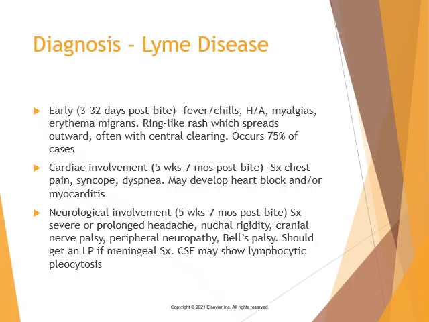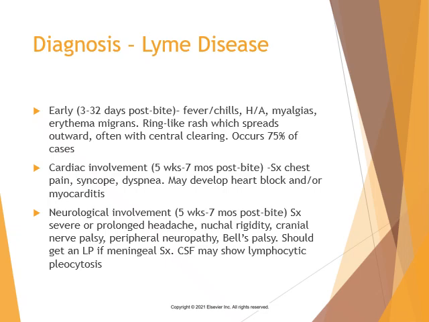With Lyme disease, pretty much early on, 2 to 32 days after they've had the tick bite, they'll most likely have a fever, chills, headache, myalgias. They have that erythema migrans, a ring-like rash that spreads outward, often with central clearing. And this is the bullseye.